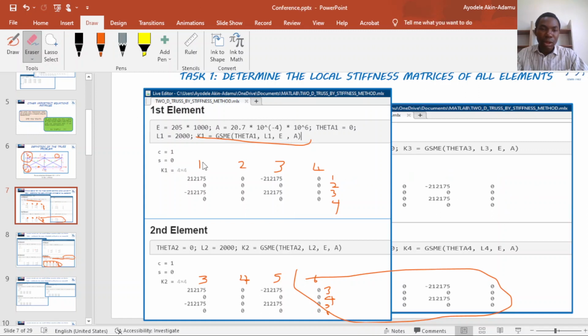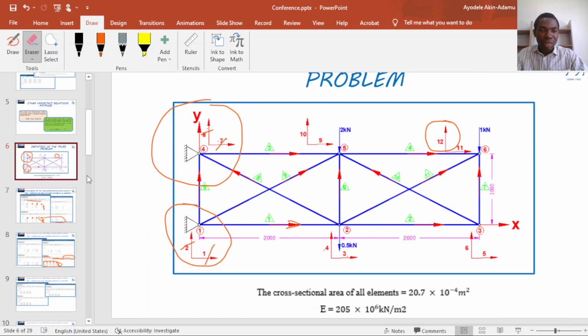This is the local stiffness matrix for element 1. And you can see the numbering is 1, 2, 3, 4, 1, 2, 3, 4. Because element 1, which is here, is located between node 1 and node 2, and the degrees of freedom at those points are 1, 2, 3, 4.